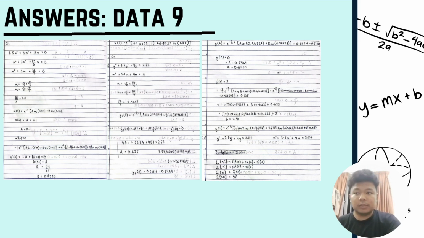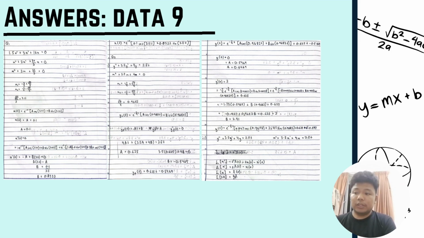So for question 2, simplified, we have m squared plus 3.5m plus 4, which is equal to 0. So plug into the quadratic equation to find out the roots, which is negative 7 over 4 plus or minus square root of 15 over 4 i, which is imaginary numbers.